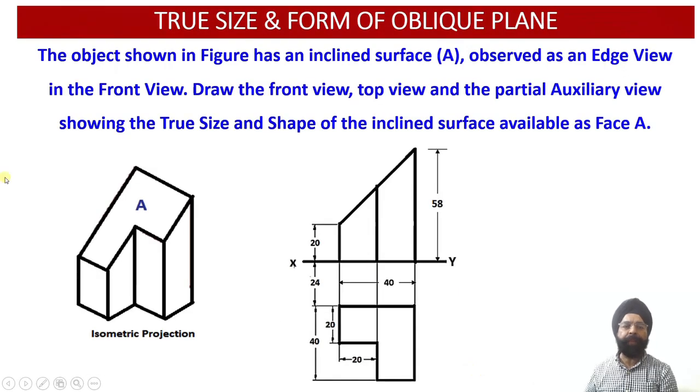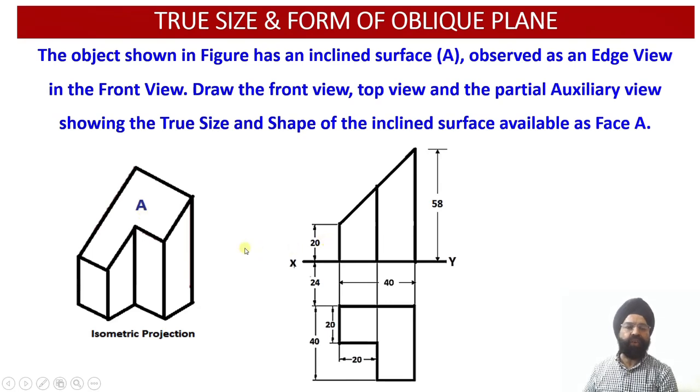Now here we have been provided with a solid which has been sectioned by an auxiliary inclined plane, and this section cutting plane leaves a surface A at the top of the solid. So this is the remaining portion of the solid that we obtain after the sectioning.